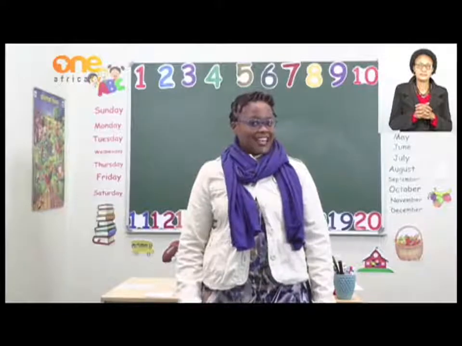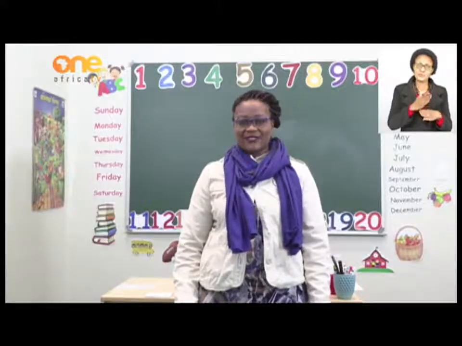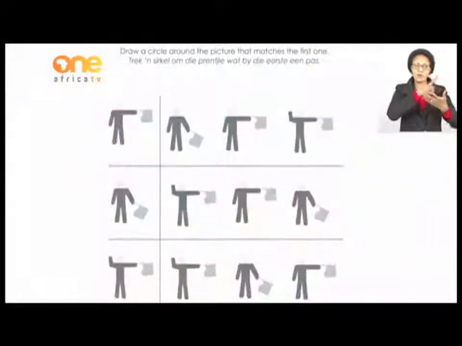For our first exercise, please can you turn to page 15. On page 15, you're being asked to draw a circle around the picture that matches the first one. Now you can see that there is a man with a flag and he's got them at different positions.